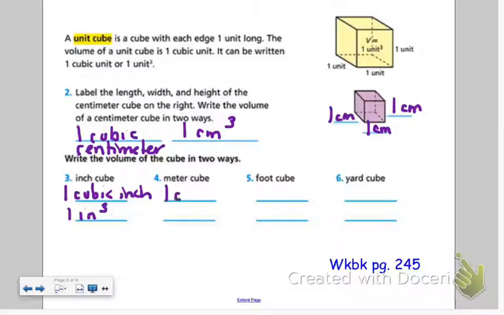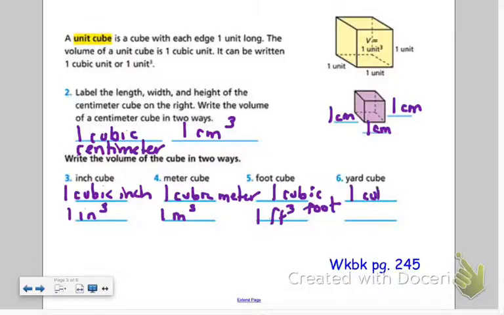So 1 cubic meter, or 1 meter cubed. And you get the idea. A foot cube would be 1 cubic foot, or 1 foot cubed. A yard cube would be 1 cubic yard, or 1 yard cubed. That would be a bigger cube, right? Because you're talking about a cube that's a yard long, a yard wide, a yard high.